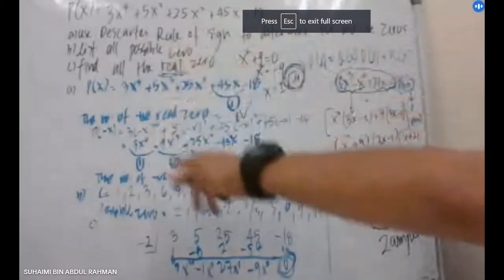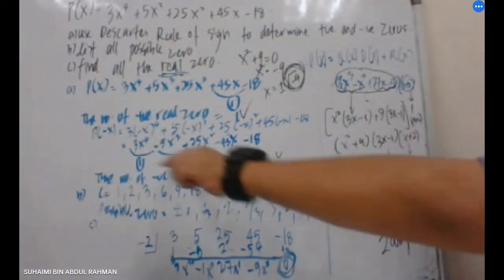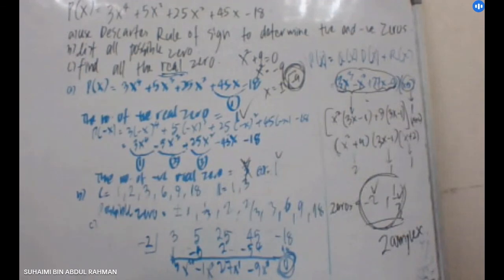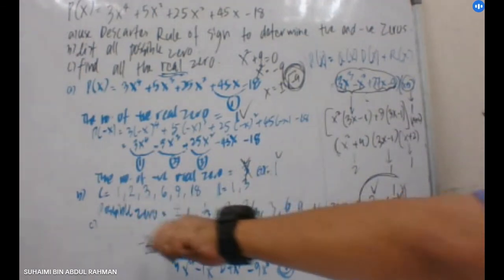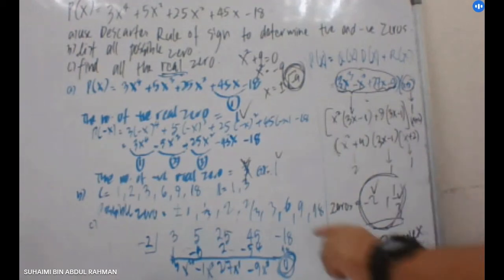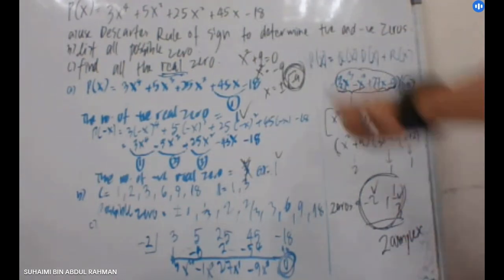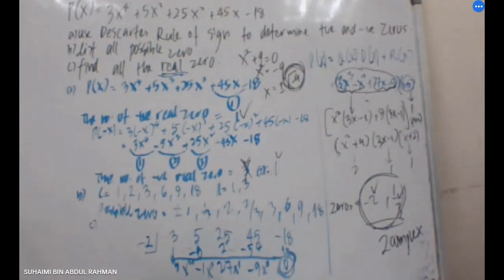For part A, we use Descartes' rule of signs. For part B, we use the rational zeros theorem. For part C, we have to go back to synthetic division. Why do we need synthetic division? Because we want to factor our polynomial. If our polynomial is degree 3, it is easy to factor.